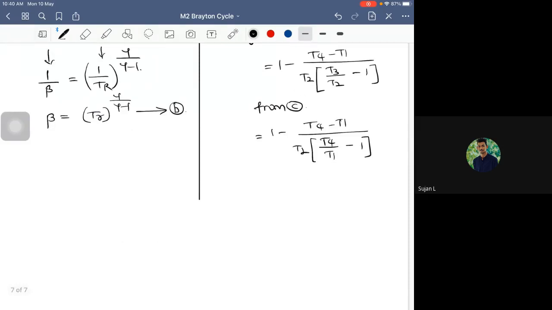Next, take LCM here. 1 minus T4 minus T1 divided by T2. Now you take LCM. T1 is the LCM. It is T4 minus T1. Correct? Does anything cancel here now?